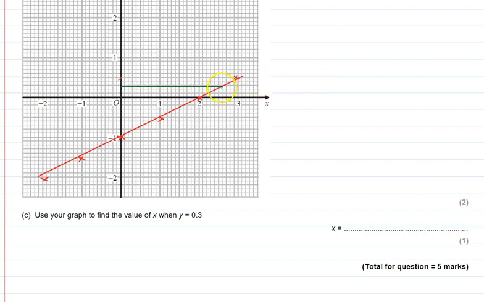So this value will be like 2.5. So x will be 2.5 or 2.6.